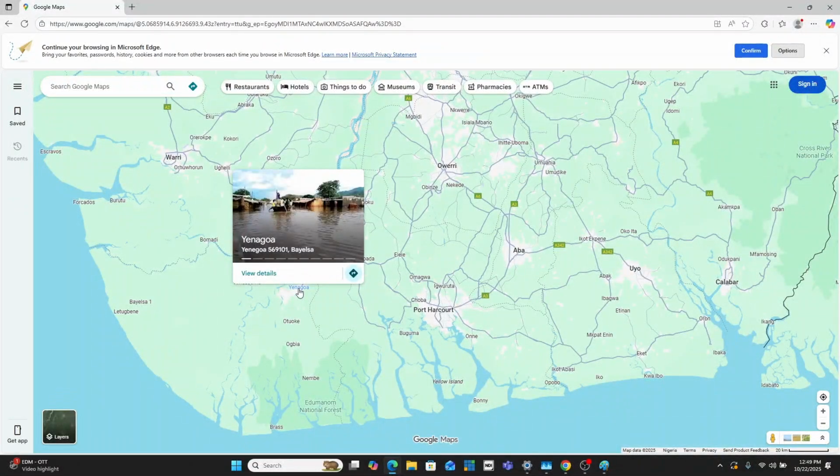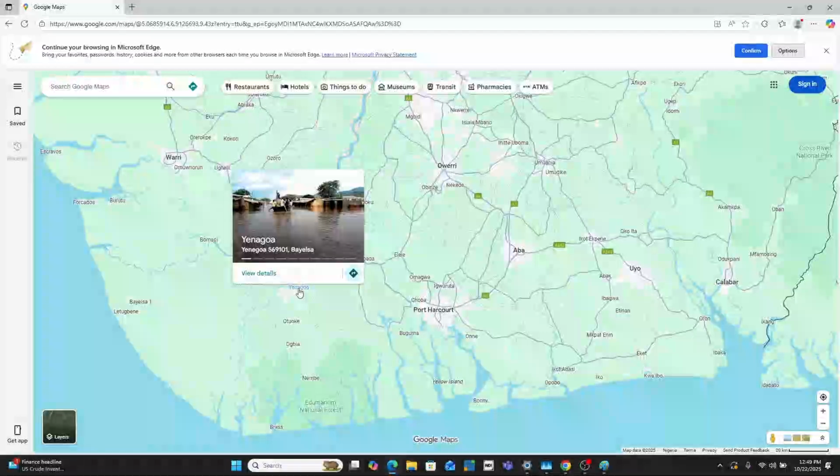The only people sharing it are between Yenagoa and Port Harcourt. The speed between Port Harcourt and Uyo is also not shared by any other party. True of us? True.